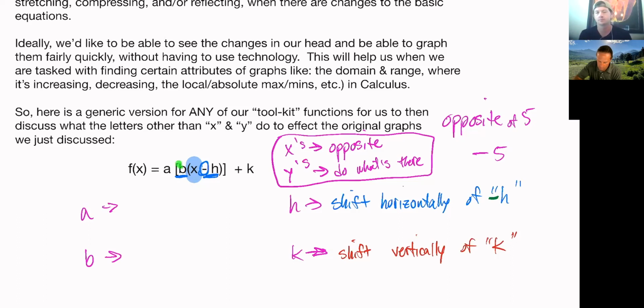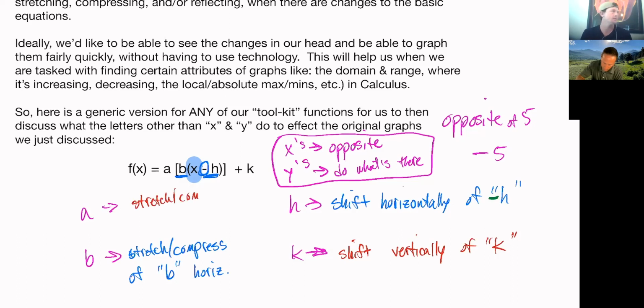And so since it's being done to the x, the b is going to be a stretch or compression horizontally, where the other, a, is going to be a stretch or compression that's done vertically.